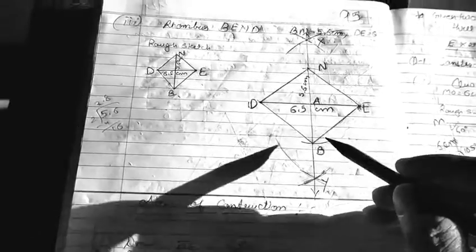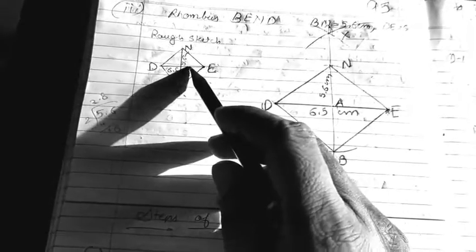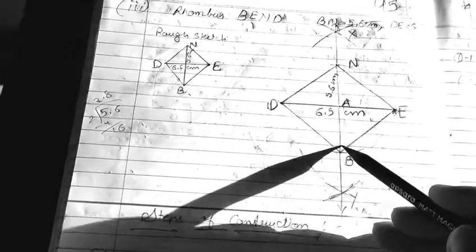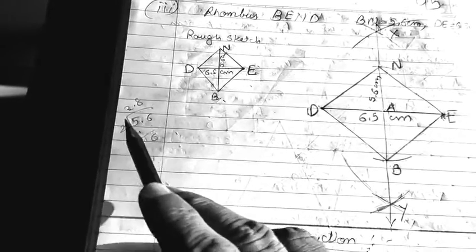After doing such, now we don't have the connecting point, and the length of the other diagonal is 5.6. So the whole length is 5.6, so half length will be 2.8. So half of 5.6 is 2.8.